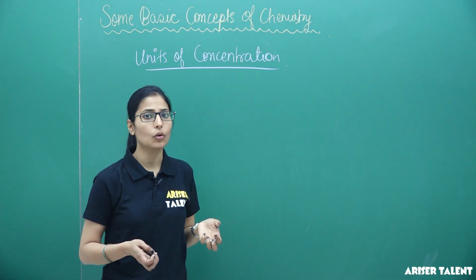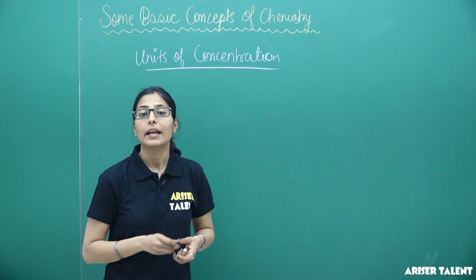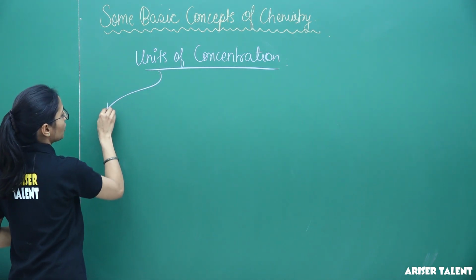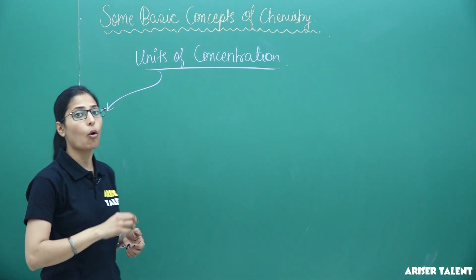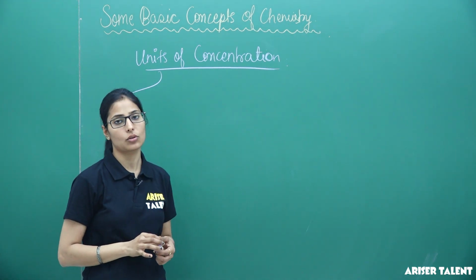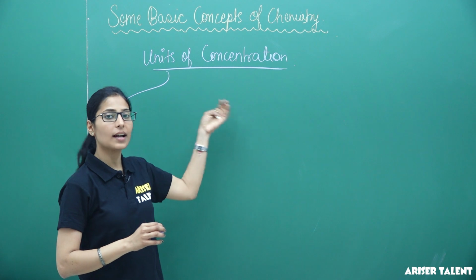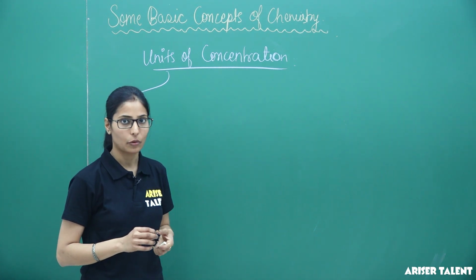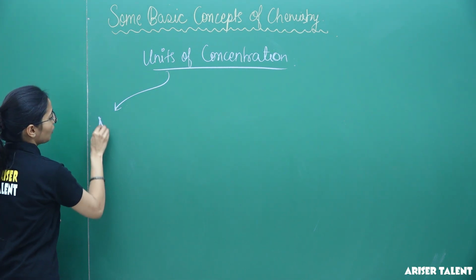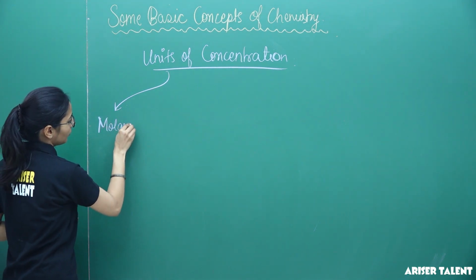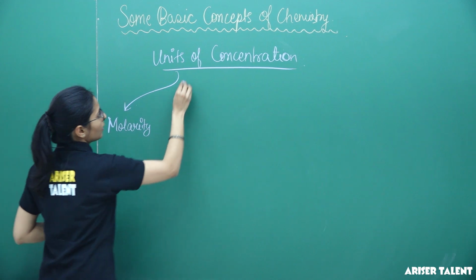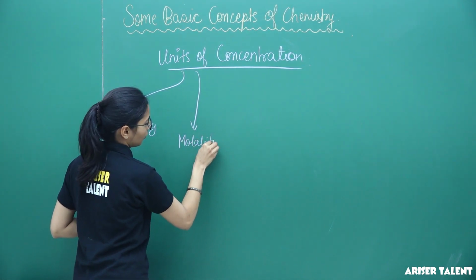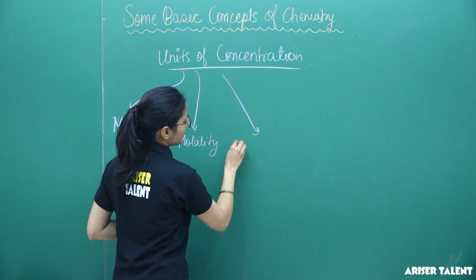So, for that we have seen various kinds of units of concentration. Again I am going to give you a list of all the important units of concentrations. Okay. So, these are some of the units of concentration. Here we are not giving all, there are many units of concentrations, but what we are studying here for this topic is some of the important units. So, the first one is molarity. Second is molality. Third one is mole fraction.